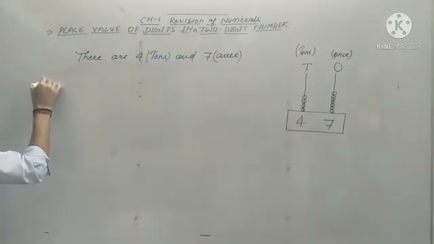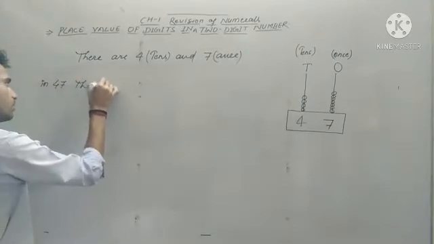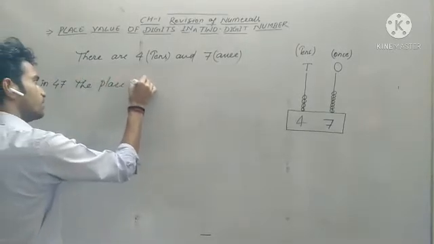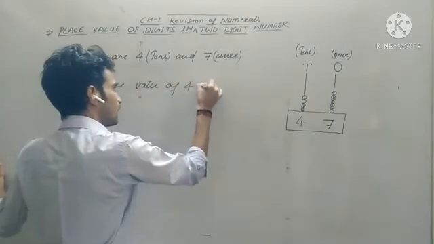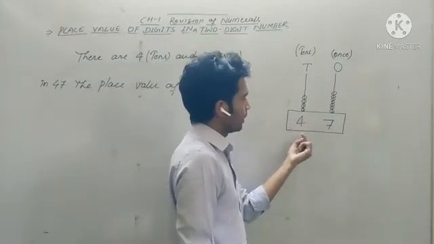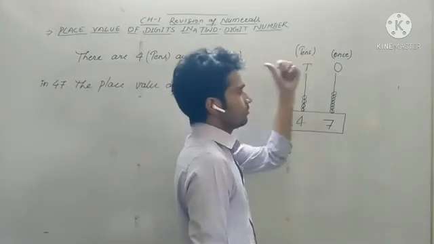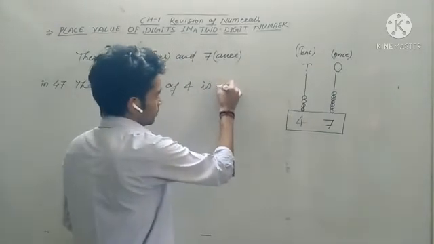in 47, the place value of 4 is... 4 is in which place? So 4 is in tens place. So the place value of 4 is 4 tens.